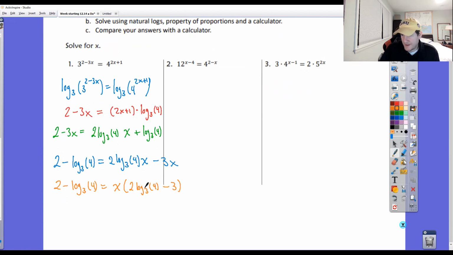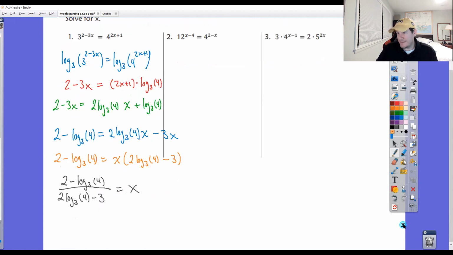And then we can just divide by that whole mess to get x alone. So I'm getting an answer of 2 minus the log base 3 of 4 all divided by 2 times the log base 3 of 4 minus 3. And that's x. So that's the answer.